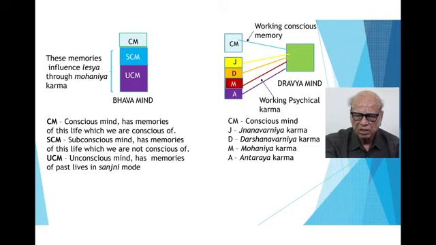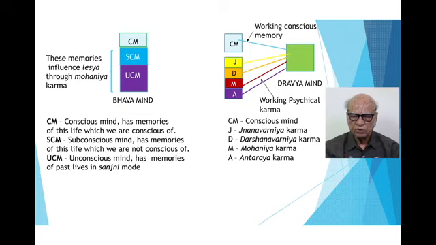What are the working psychical karmas? Jnanavarani karma, J, you see the J written in the yellow box. Then you have D, Darshanavarani karma, then you have M, which is Mohani karma, and last at the bottom, A, Antaraya karma. So all these four karmas, depending upon their state, that information is flowing to Dravya mind.